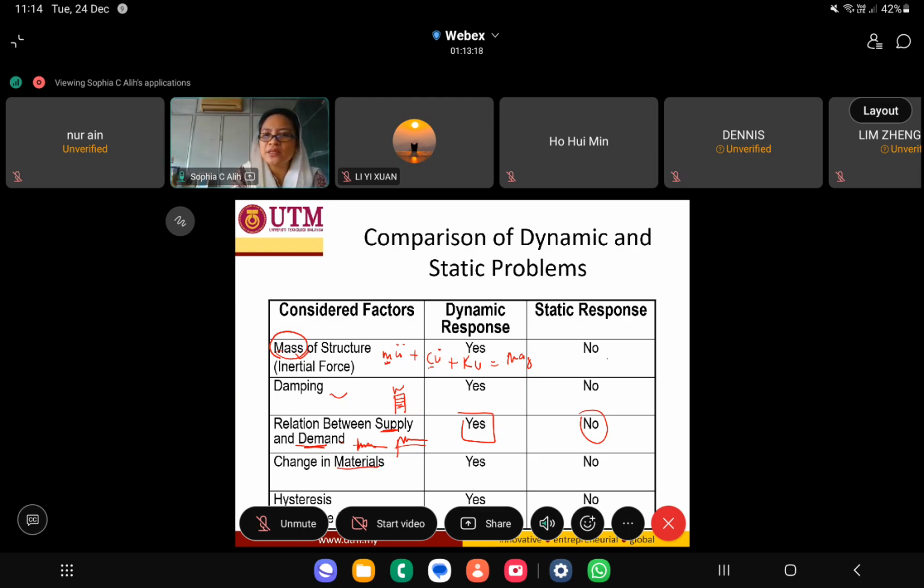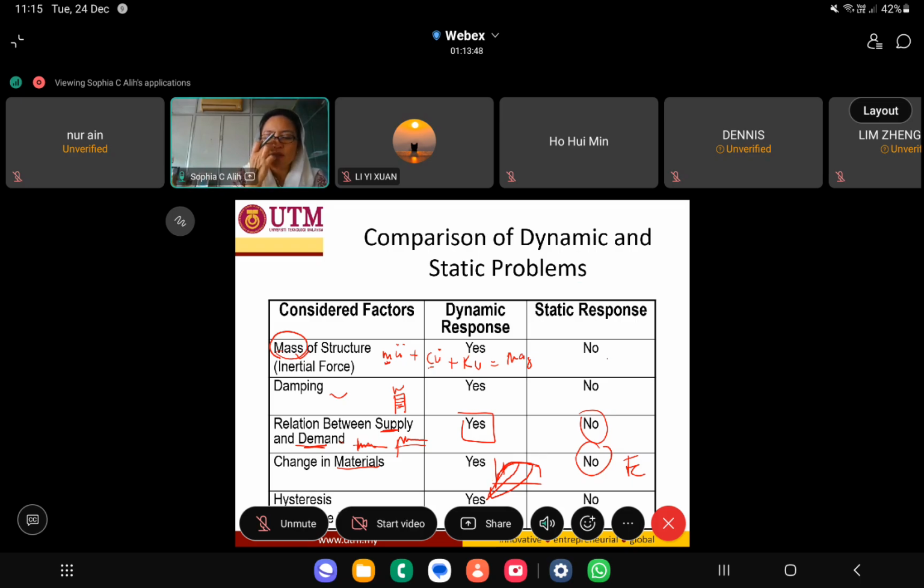Change in materials in dynamic response, yes, because in dynamic response you have the elastic, the yield, until it eventually collapses. But in static, no, you only have your elasticity modulus. Hysteresis also matters. In the hysteresis loop, if I release it, it goes back, then if I increase it, it goes back again.